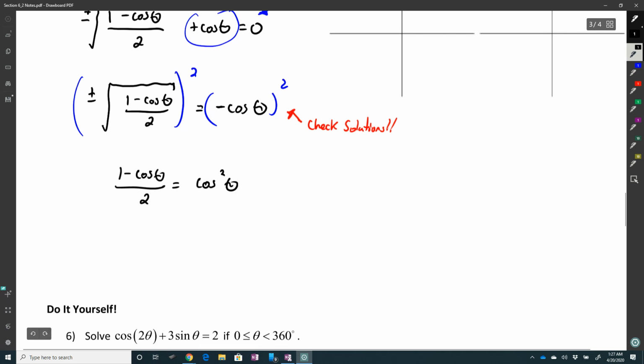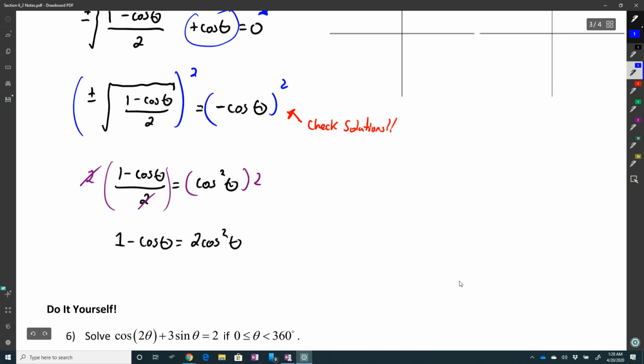And now this is a quadratic that I just have to unravel. So I'm going to multiply both sides by 2. So I have 1 minus cosine theta equals 2 cosine squared theta. And then I'm just going to move everything to the right side. So I'm going to subtract 1, and I'm going to add cosine theta.